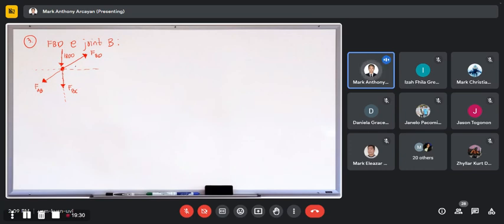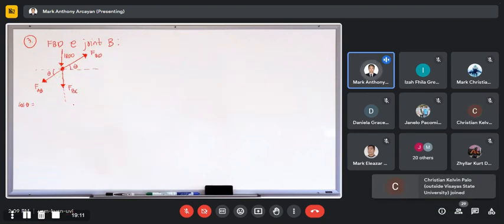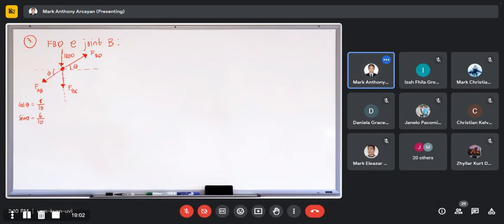Now indicate the angles. The inclination of FBD is the same as FAB earlier, so it is theta, and this one is also theta. We already have the value of theta: cosine theta is 8/10, and sine theta is 6/10. For FAB, we already solved its value: FAB is negative 4,500.